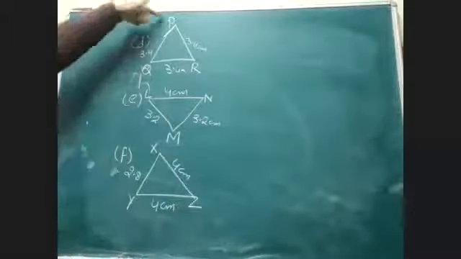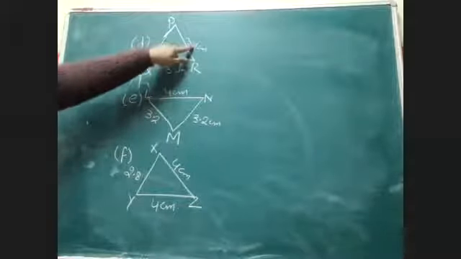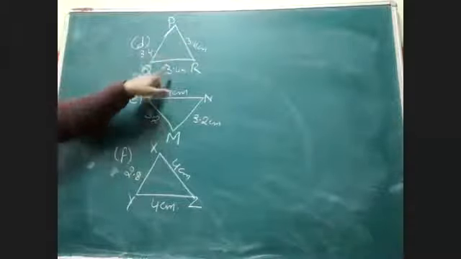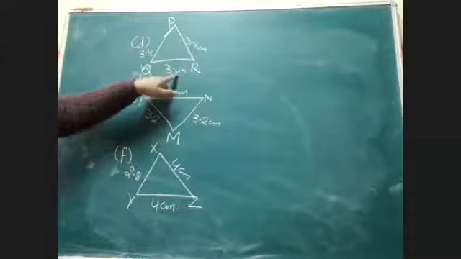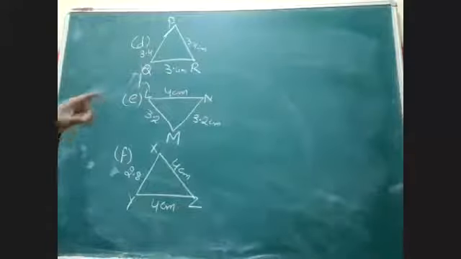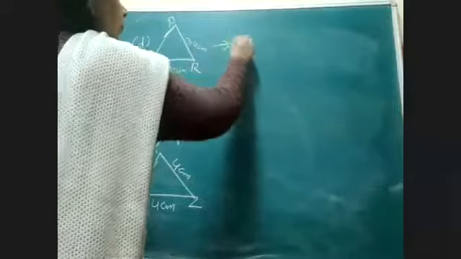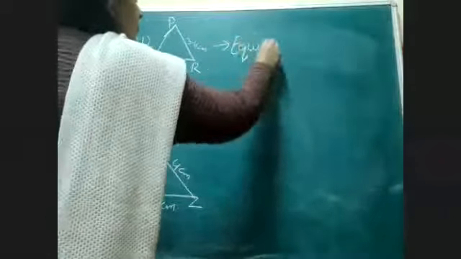Now, in the first triangle PQR, the sides are 3.4 centimeter, 3.4 centimeter, and the third side is also 3.4 centimeter. So all three sides are equal in length. So this is an equilateral triangle.